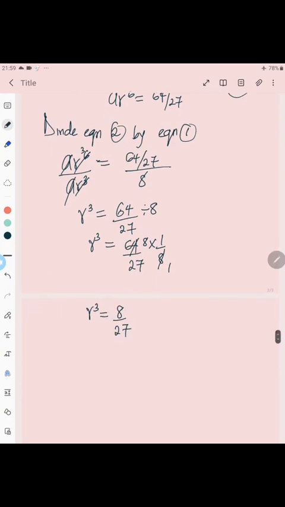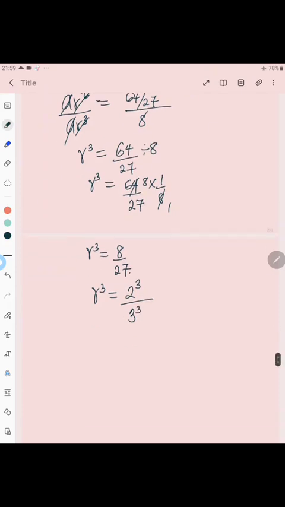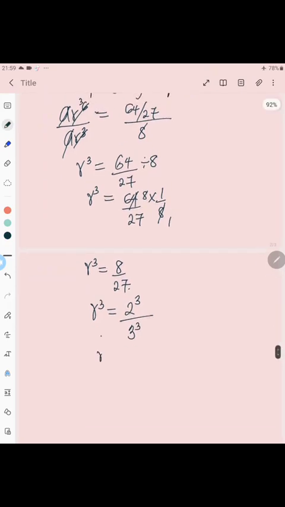Now we need a number raised to the power of 3 that will give us both the numerator and the denominator. So we have R raised to the power of 3 is equal to 2 to the power of 3, which gives us 8, all over 3 to the power of 3, which gives us 27. This is the same as saying R to the power of 3 is equal to 2 over 3, in brackets, raised to the power of 3.